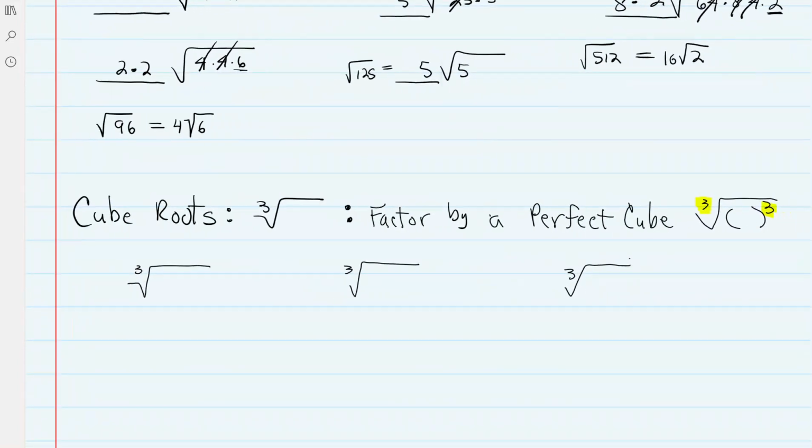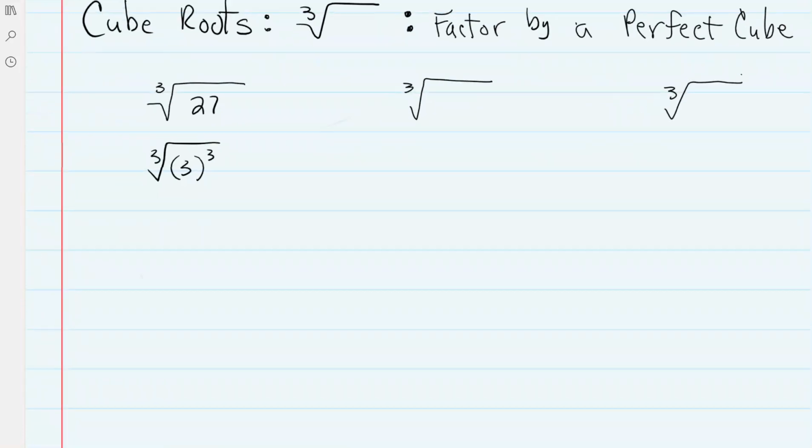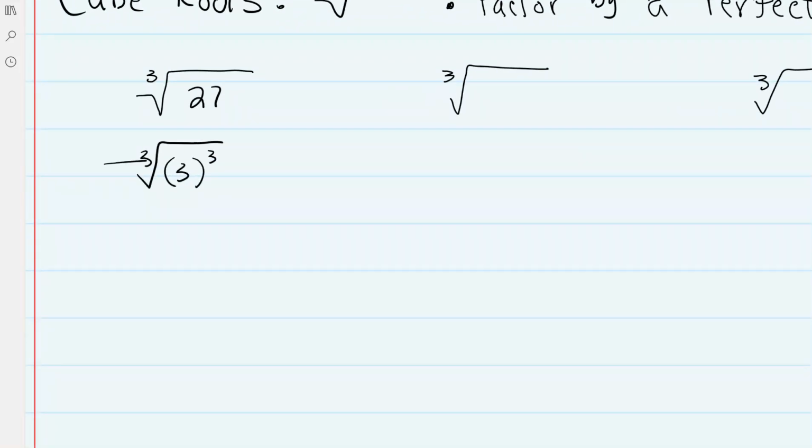And the same thing is going to work for cubes. Cube root undoes something cubed. So if we took the cube root of 27, well, 27 is the same as 3 cubed. And now the cube root and the cube undo each other, and that answer is 3.